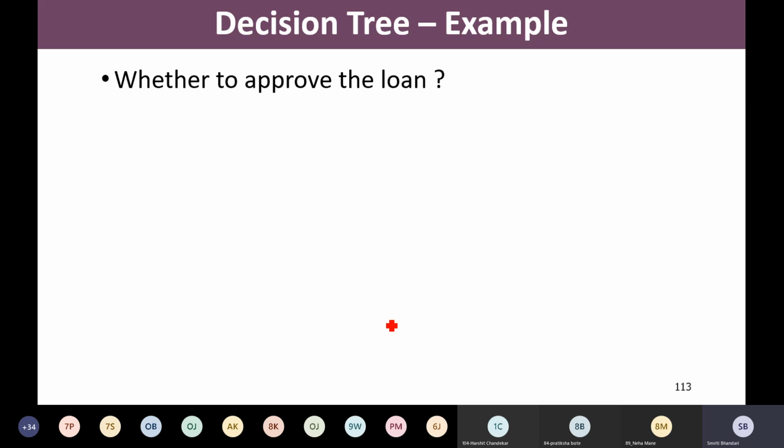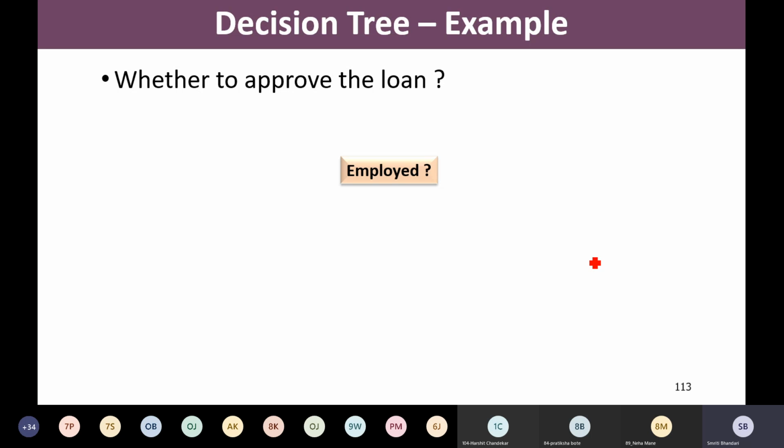To take this decision, there are certain parameters that qualify the application of the applicant. Let us see what those parameters are and how we are going to make use of a decision tree to make this decision.